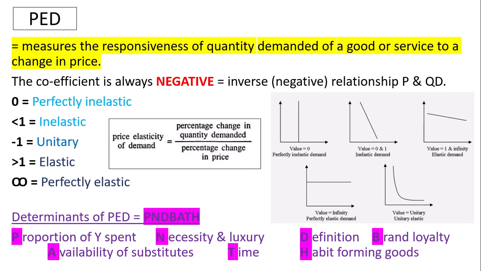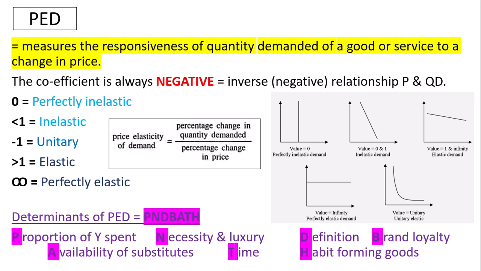It's also important to remember how you define a product. So for example, and this one obviously links to A as well, the availability of substitutes, so we can kind of tick both off on one example. If we define a product as a very generic explanation of the product, like bread, okay, bread obviously from the previous example is a necessity, so therefore it has a fairly inelastic demand, okay.